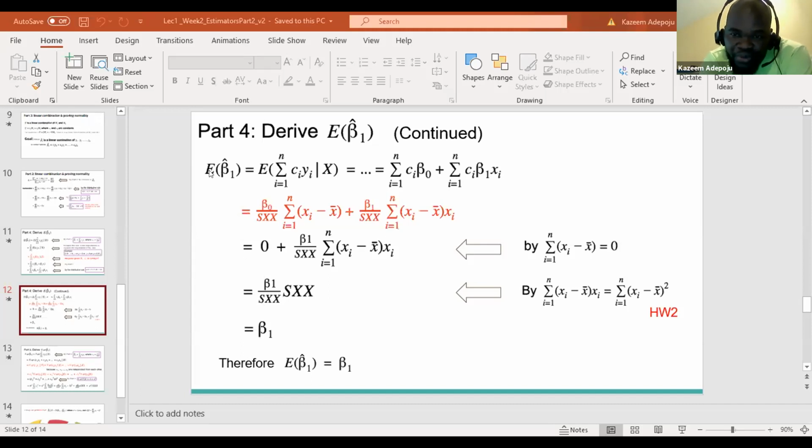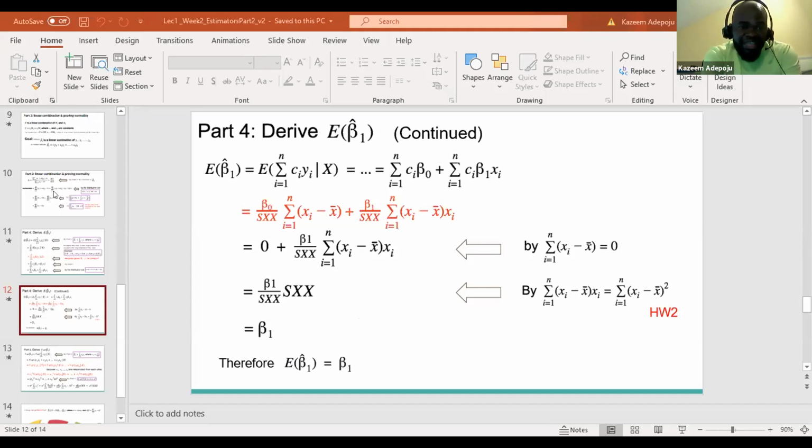Therefore, we have proved that the expected value of beta 1 hat equals beta 1. The handout I attached has more of that in the lecture handout. Here I'm just showing how we can show that the expected value of beta 1 hat equals beta 1. That is a proof.